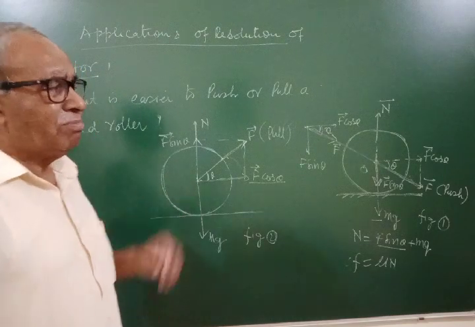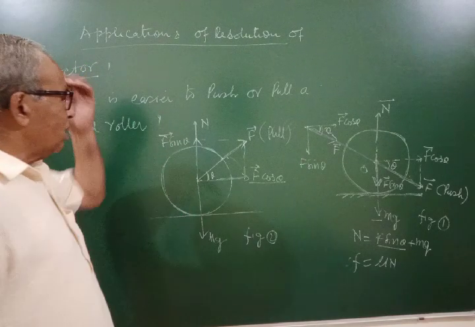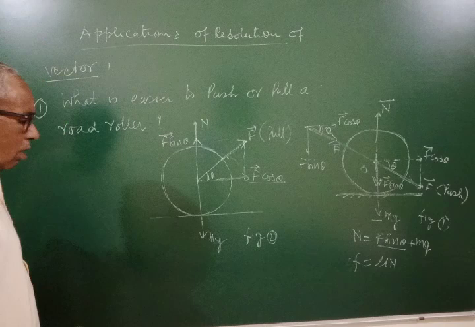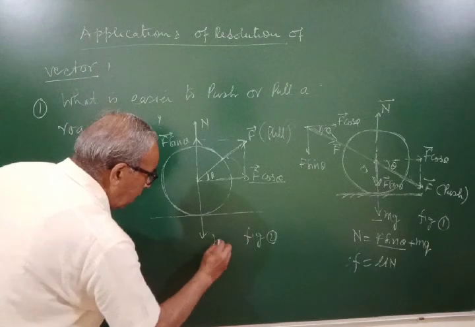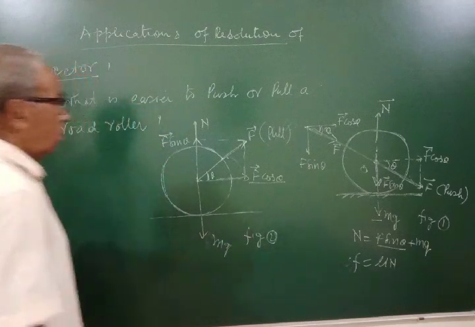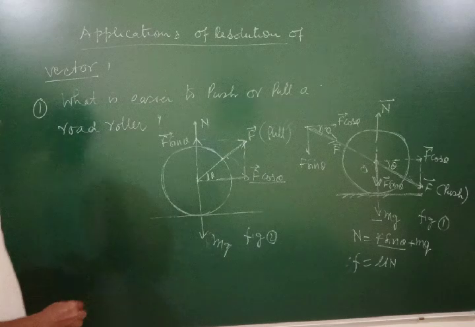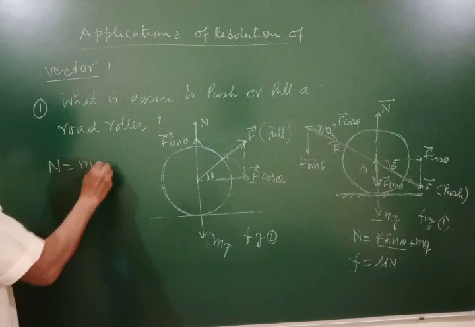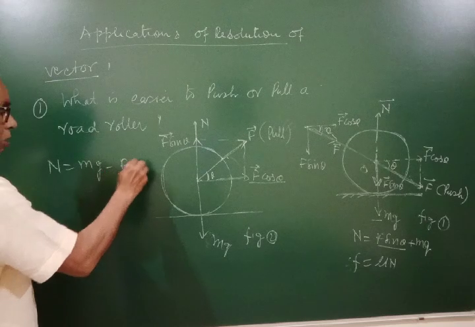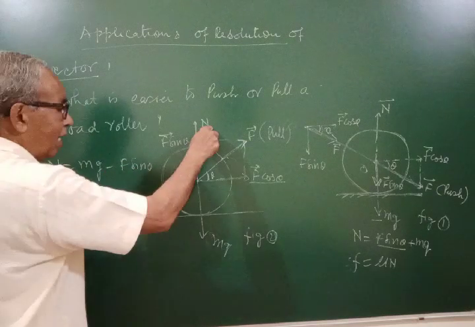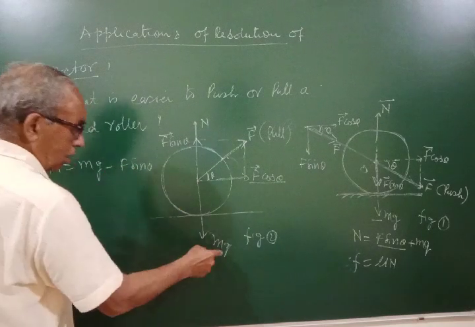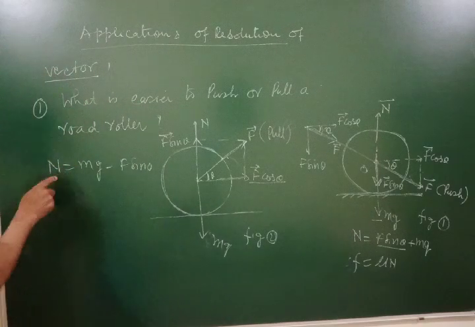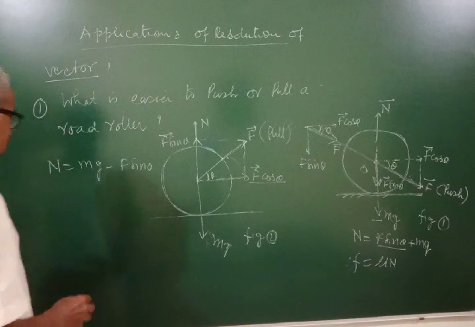F sin theta is acting vertically upward, opposite to the weight, and hence the normal reaction N plus F sin theta is equal to mg, so N is equal to mg minus F sin theta.